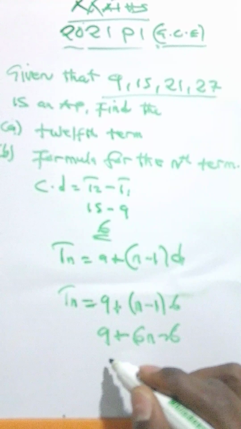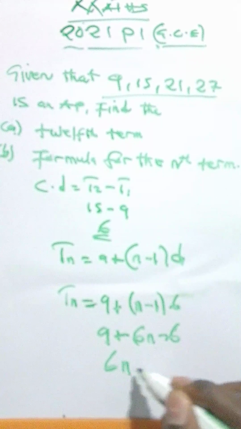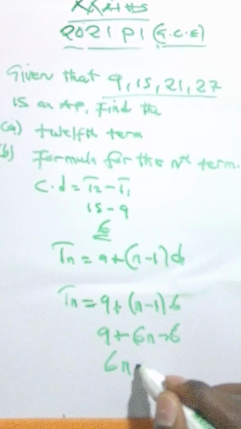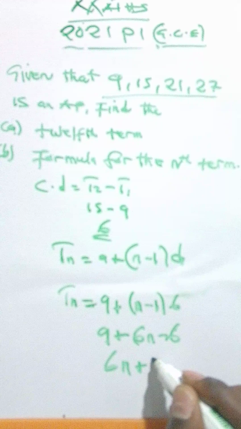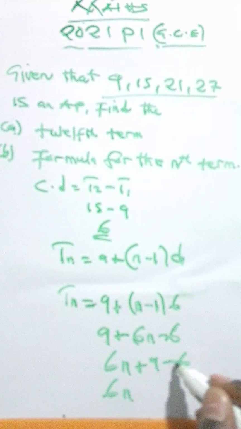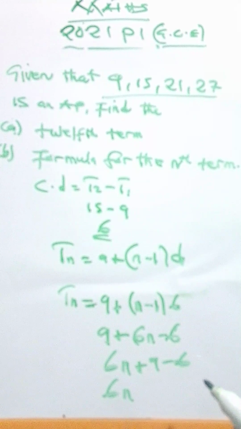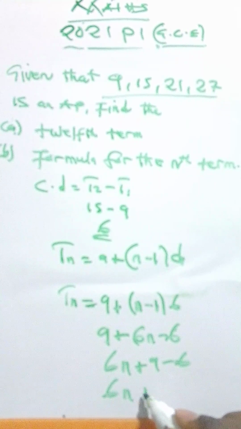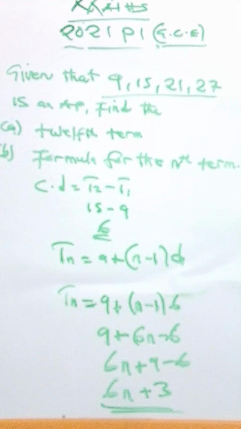So 6n plus 9 minus 6. So 6n, then positive 9 minus 6, we're getting positive 3. So that is the nth term. That is how we answer the nth term.